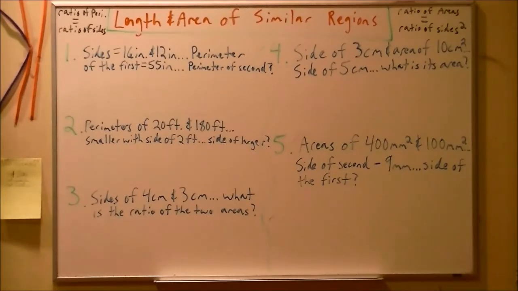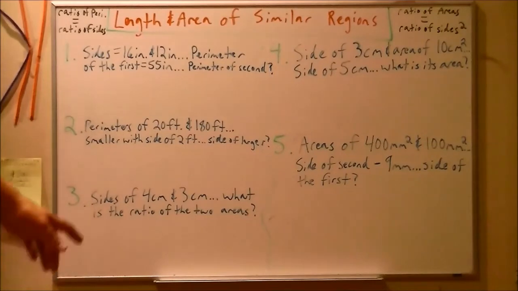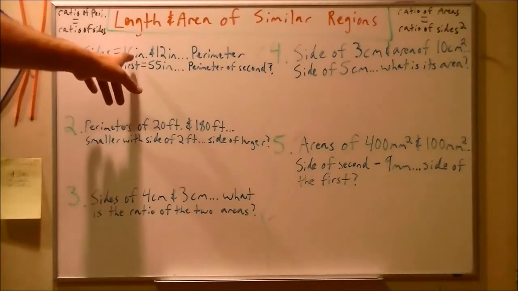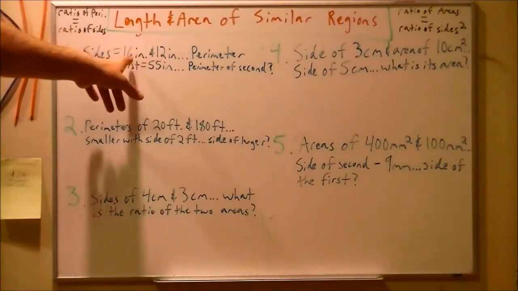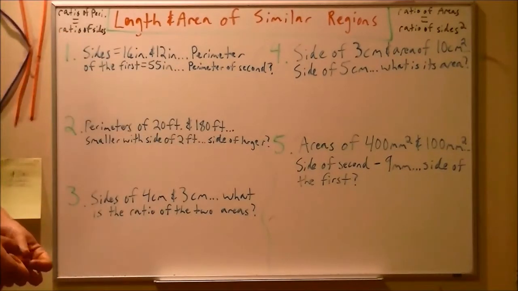And so find the perimeter of the second triangle, and we're going to call that P sub 2, a subscript, not a superscript. So we have two triangles, and we're given a side that corresponds one with the other, 16 inches and 12 inches. And the perimeter of the first triangle is 55 inches. What is the perimeter of the second triangle?